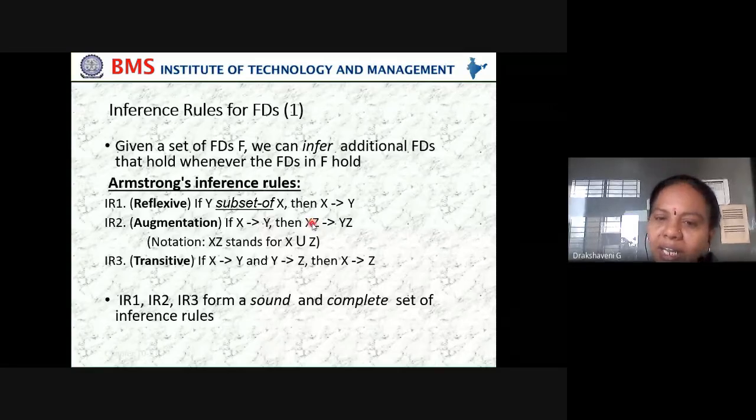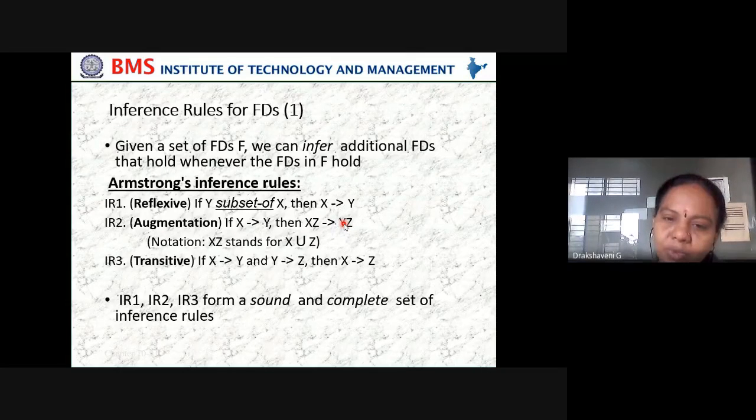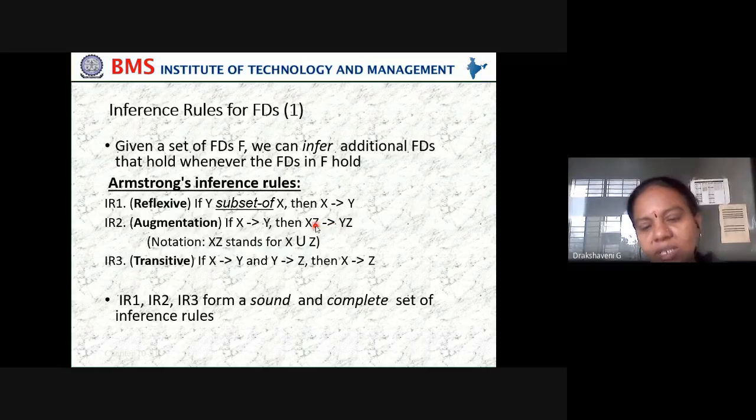So for TD10, I am adding DBMS marks, the USN column and the DBMS marks column. In the same way, Rashmi's name and her DBMS marks. Is there any change here? I am just adding DBMS marks to both sides: to her USN and to her name. That is what is called augmentation. Yes, I can do that.